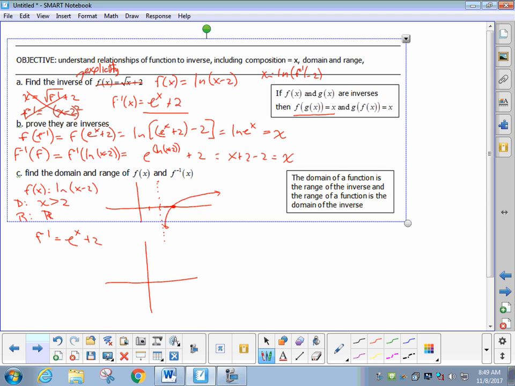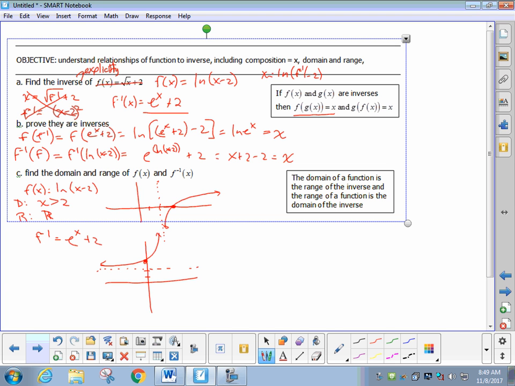And then what does the 2 do? Shifts it up 2. So instead of having a horizontal asymptote at 0, we'll have a horizontal asymptote at 2. And instead of having a y-intercept at 1, we'll have a y-intercept at 3. And the graph will look like that.